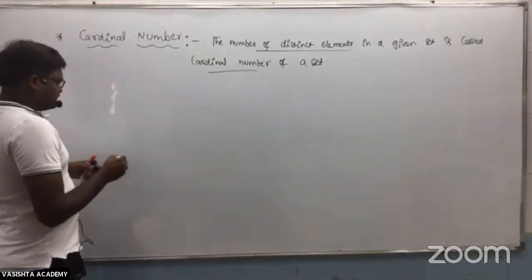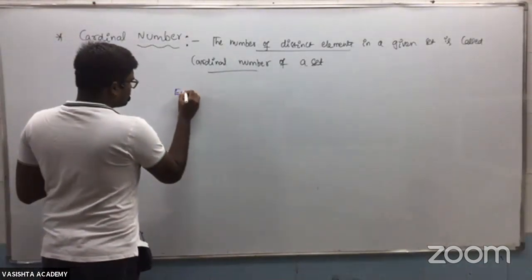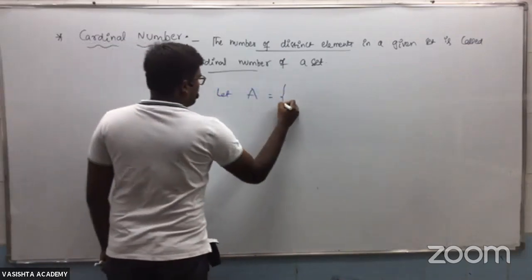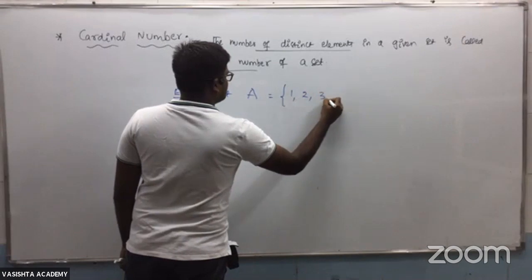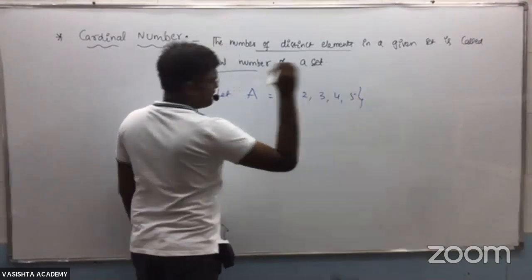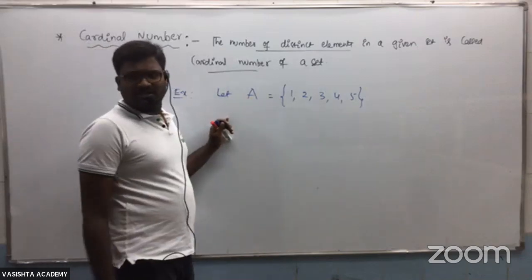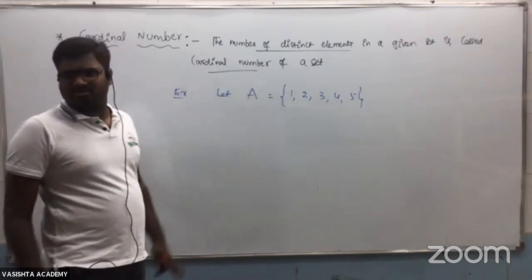So, for example, let me take set A as 1, 2, 3, 4, 5. I want to find out the cardinal number of this set. Cardinal number is nothing but number of elements in the set.